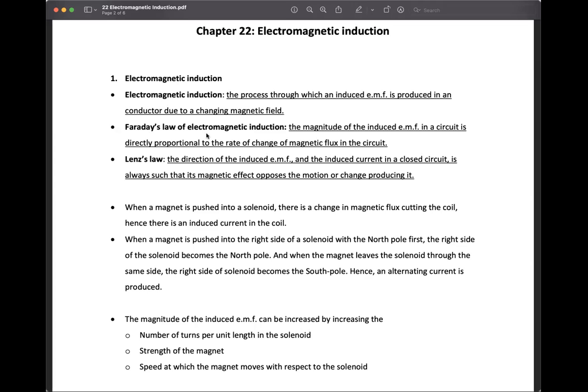How about Faraday's laws of electromagnetic induction? Do you understand this? Let me just go on first.